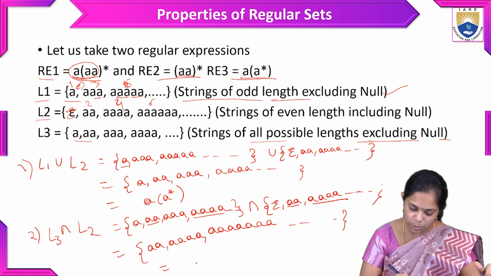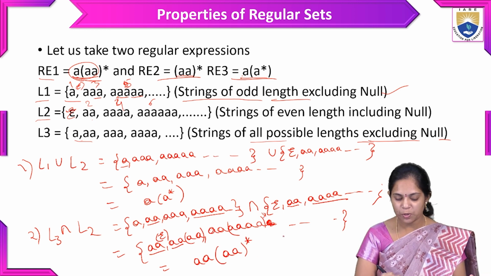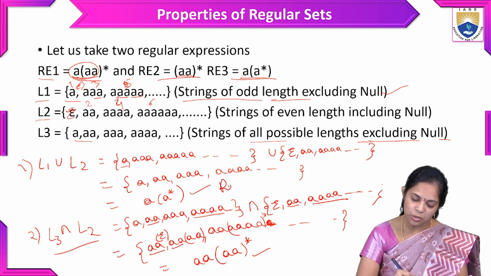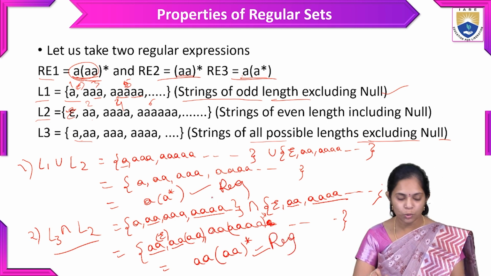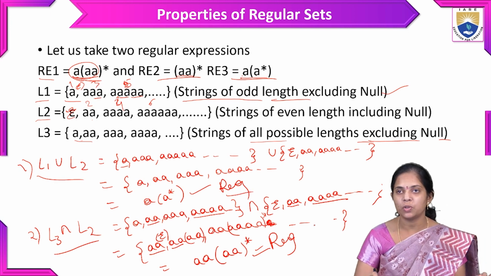So what is the regular expression for this one? A whole star. Like this, we have to represent the regular expression for the intersection of two. So this is also a regular expression, and by performing the operation on two regular expressions, we will get another regular expression only.